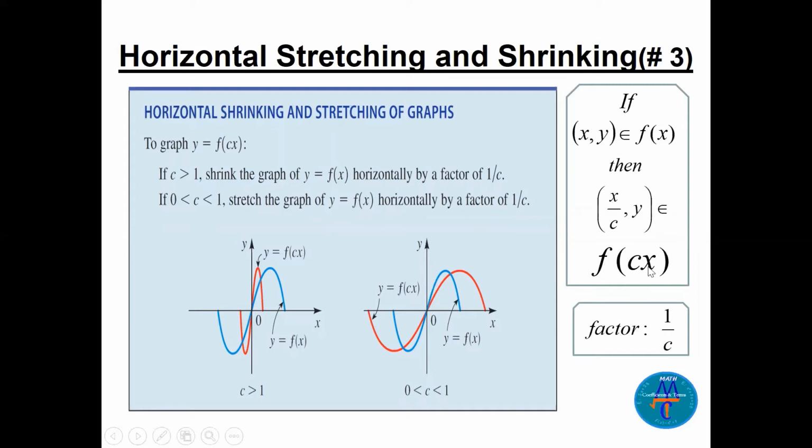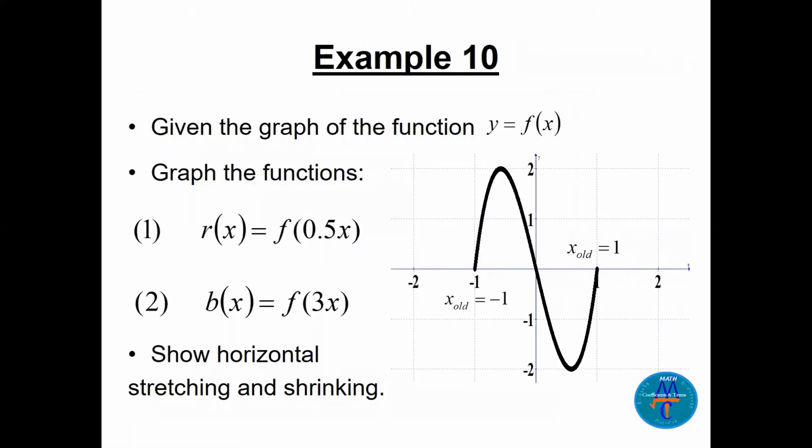If x is multiplied by c, so we have f of cx, then the factor will be 1 over c. We multiply 1 over c times x, or x divided by c. If c is greater than 1, shrinking. If c is between 0 and 1, it is stretching horizontally. I have to show an example to understand it better.